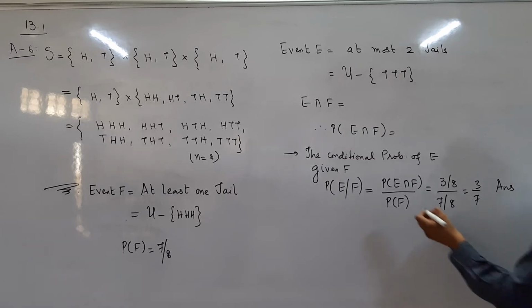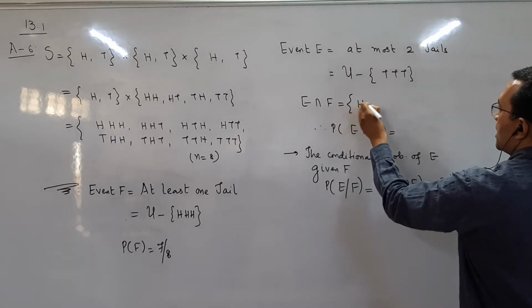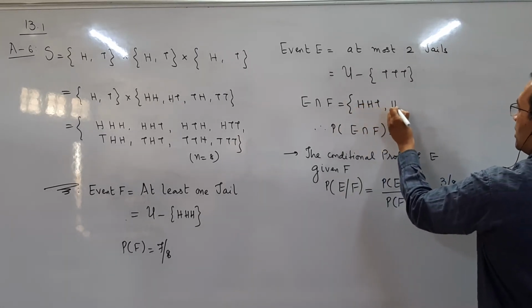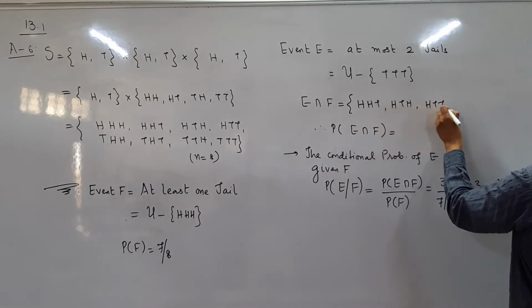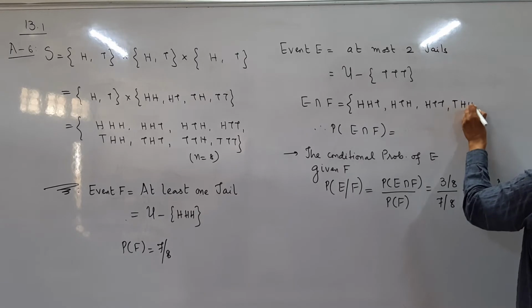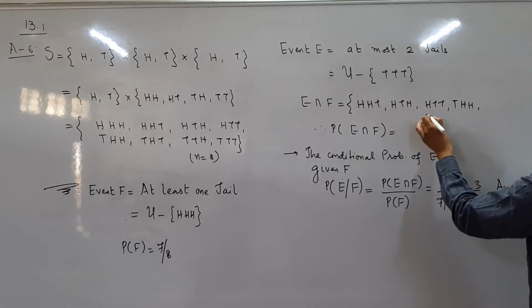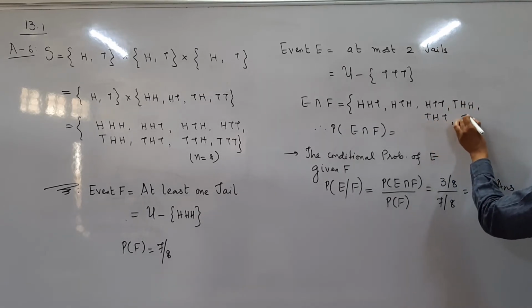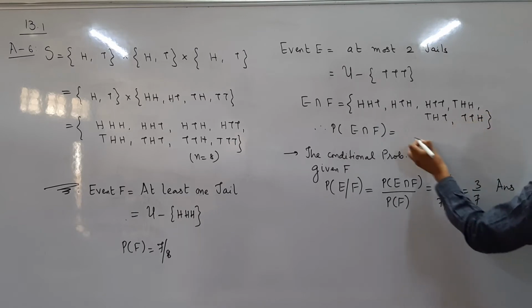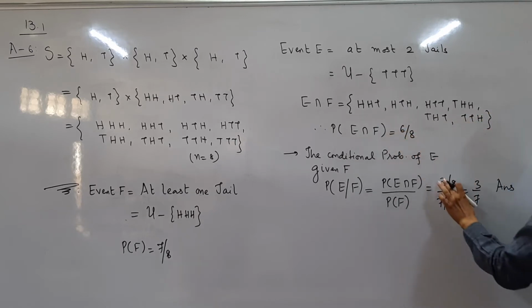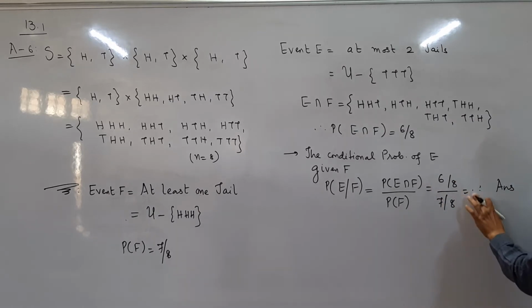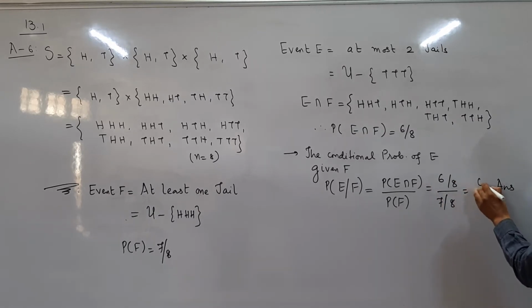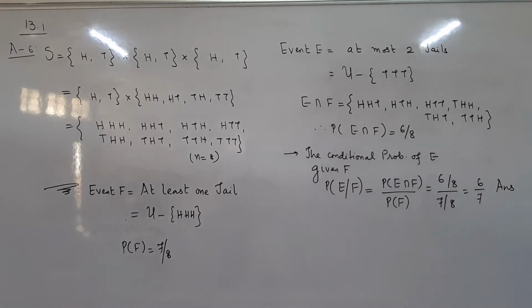And in the intersection, we will have 6 elements: HHT, HTH, then HTT, THH, then THT, and then TTH. So this probability is 6 by 8. So the answer is 6 by 8 upon 7 by 8. So the final answer comes out to be 6 by 7.